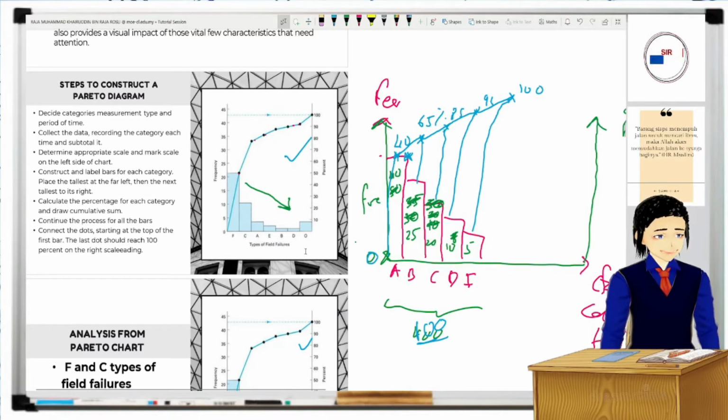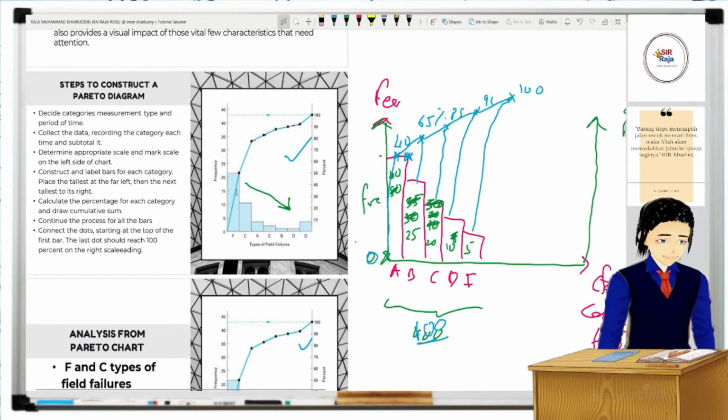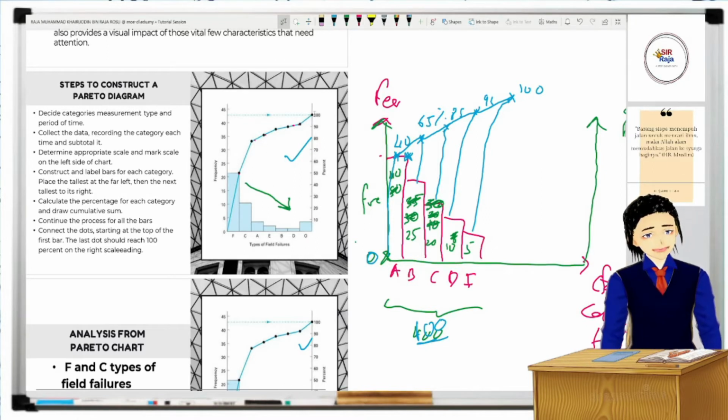And then you have a line graph which represents the cumulative percentage: the percentage of this plus this, and you get this. The percentage of this, and this plus this, you get this one. And so on until you get 100%, which is the maximum, supposedly.